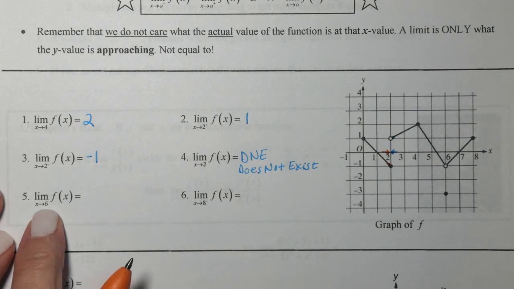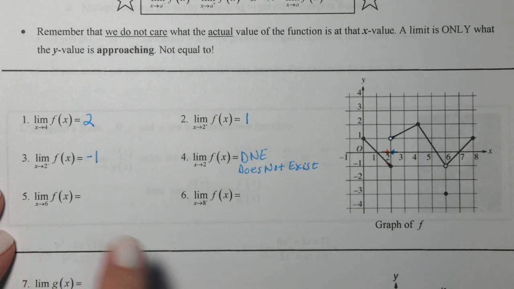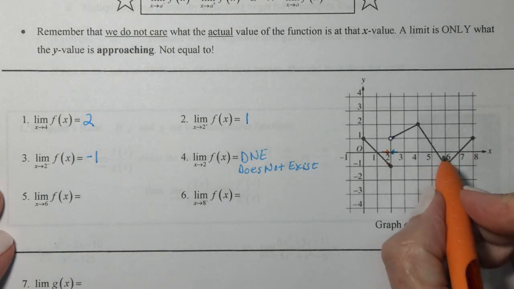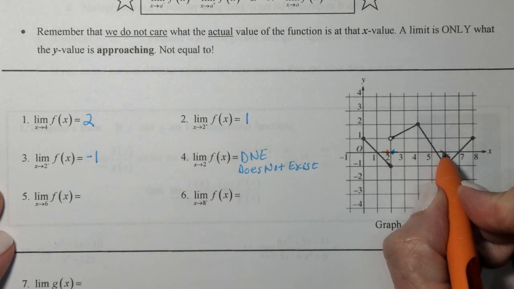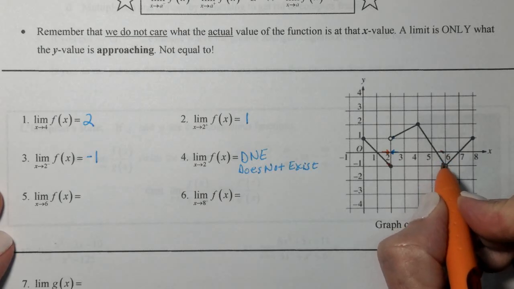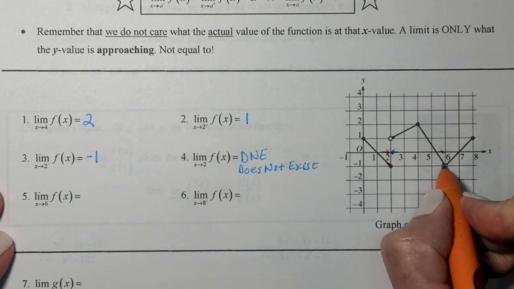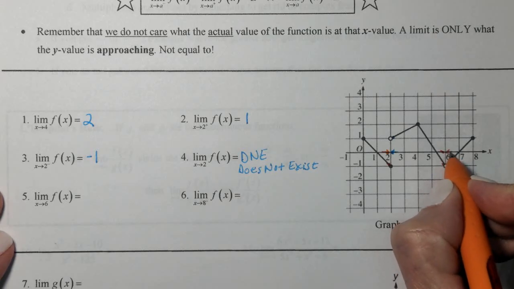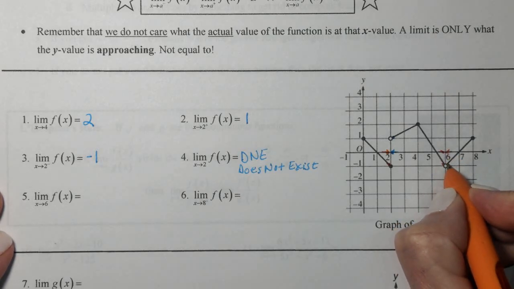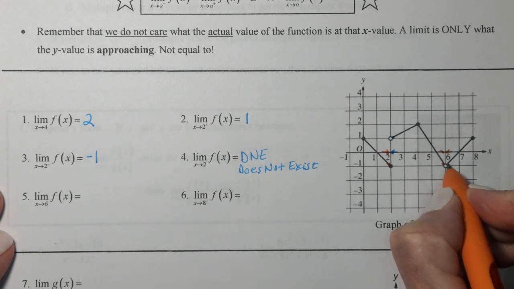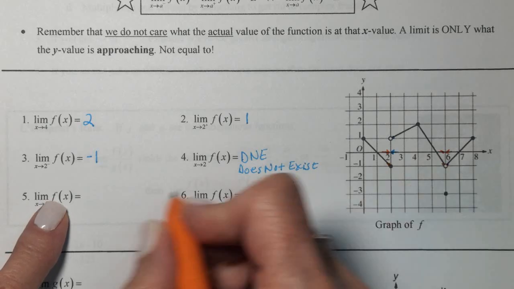All right, what is the limit as x approaches 6? Well, from the left of 6, the y value is getting closer and closer to negative 1. From the right of 6, the y value is getting closer and closer to negative 1. So this limit is negative 1.